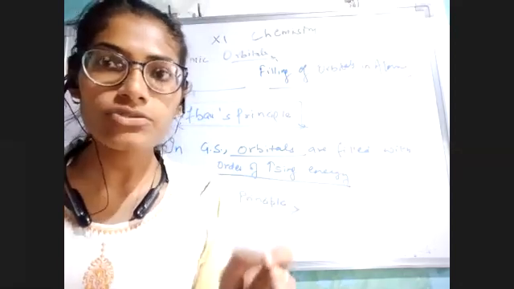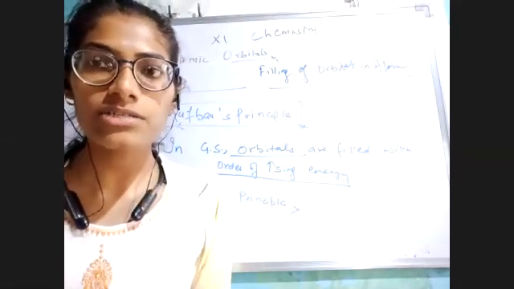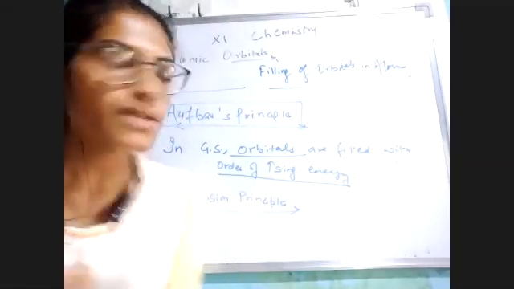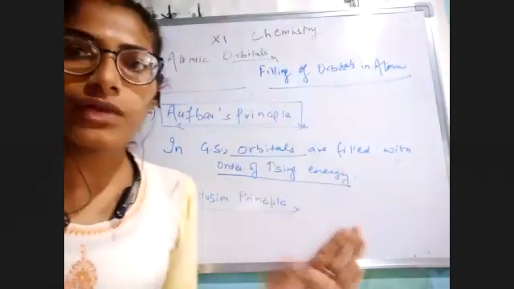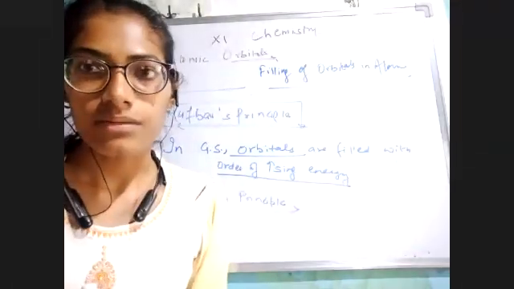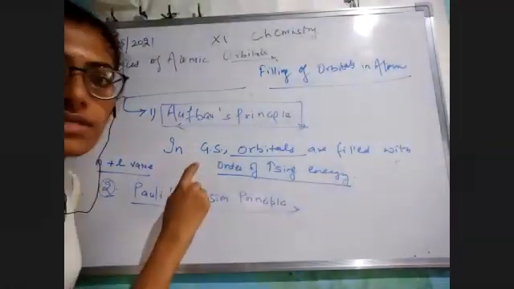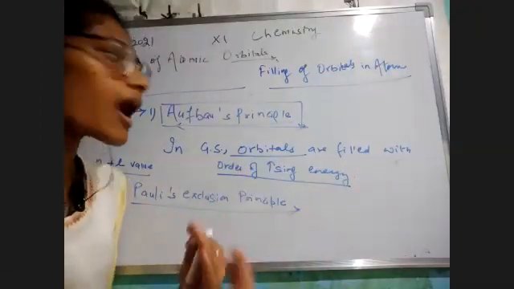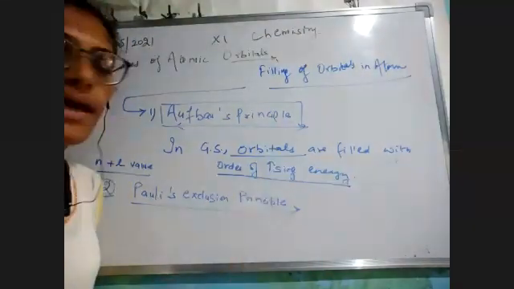Each rule has something special to it which gives some information, and on the basis of that information we will get our final result. So this is not our final result, it is just information so that we are building up how we can fill our orbitals in an atom.